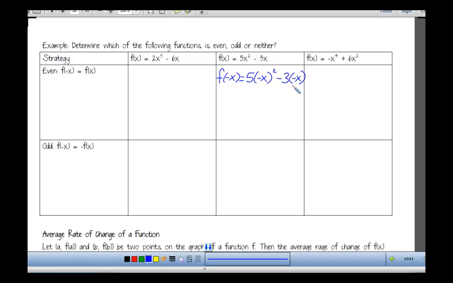And so we get what? Plus 3x. There's nothing we can factor out, so how does this compare to f of x? Is it the same, is it the opposite, or is it neither? It's neither in this case. It's not the same, and it's not the negative of it. So we say neither odd nor even.